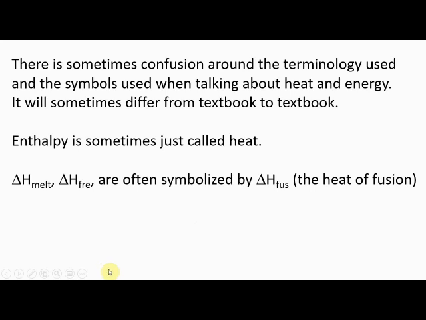Now, one of the things that we will notice as we go through our textbook, and if you happen to have different textbooks at home, is that different textbooks look at the terminology a little bit differently. There are some older textbooks that use the term enthalpy very sparingly.